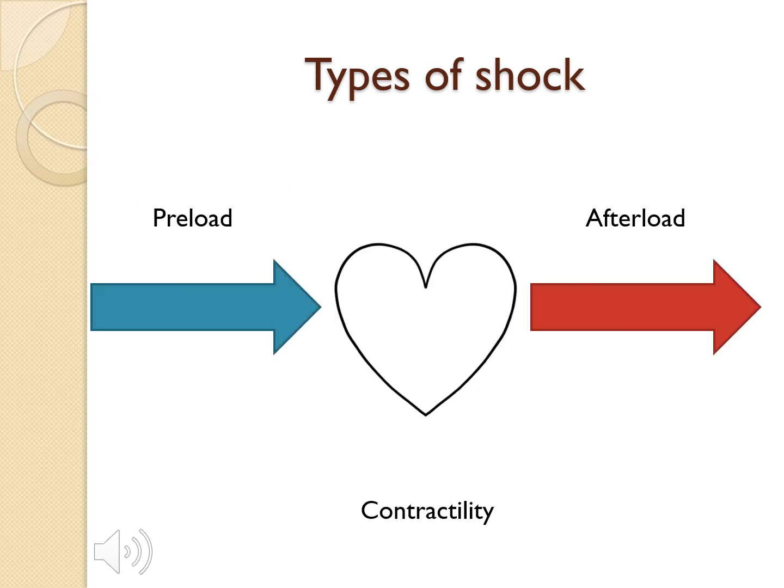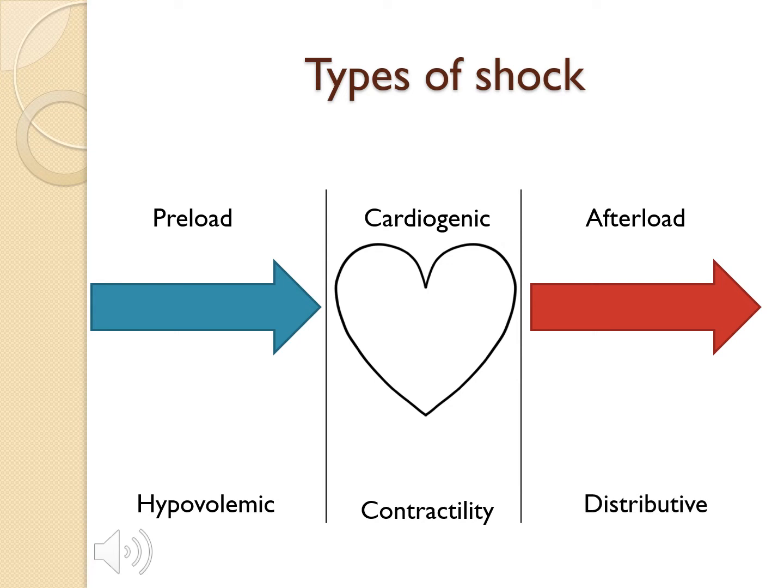The different types of shock can affect different parts of our cardiovascular system. So hypovolemic shock affects preload, cardiogenic shock affects contractility, and distributive shock, sepsis or anaphylaxis, affects afterload.